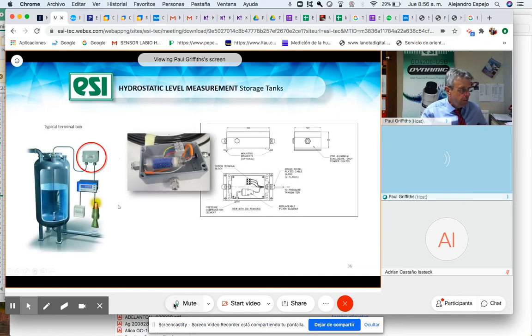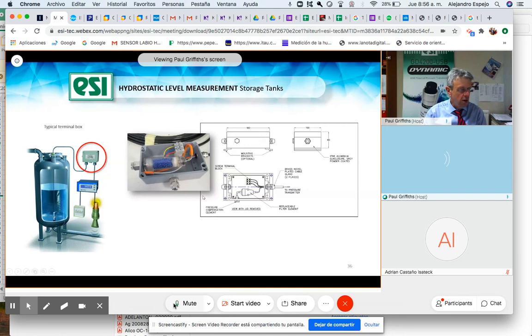We also have the terminal box. We have this add-on accessory, which is a desiccant box. So if the transmitter is used in an area where there's a lot of humidity, what can happen is that the nylon vent tube can actually pass moisture to the sensor, and we don't want that because the sensor will potentially short circuit.